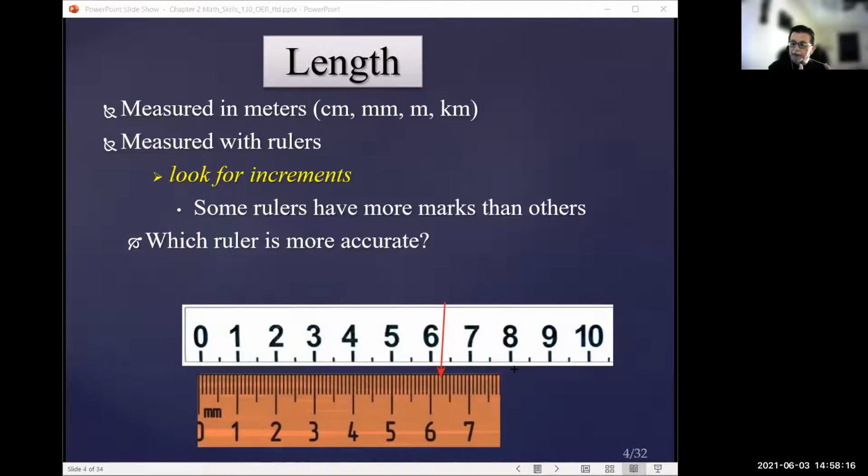Because you weren't that accurate in your measurement, and so we could not have more accuracy than the least accurate measurement that we have. That's the thing to remember here when we talk about significant figures. You cannot be more accurate than the least accurate measurement. So obviously here, the ruler with more uncertainty is the white one.